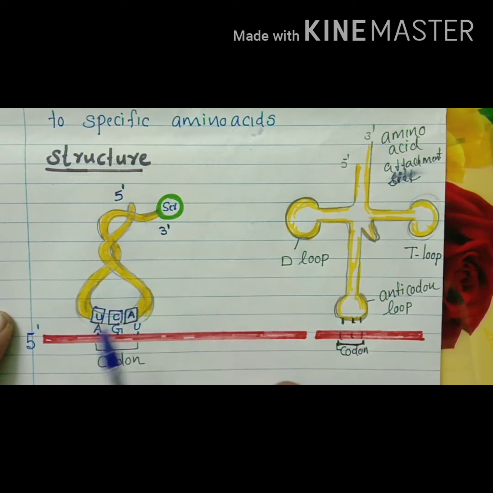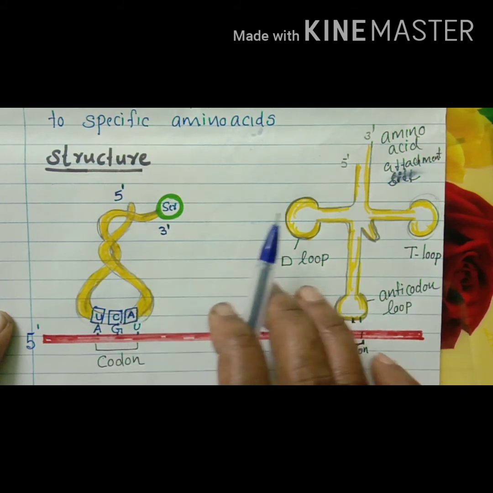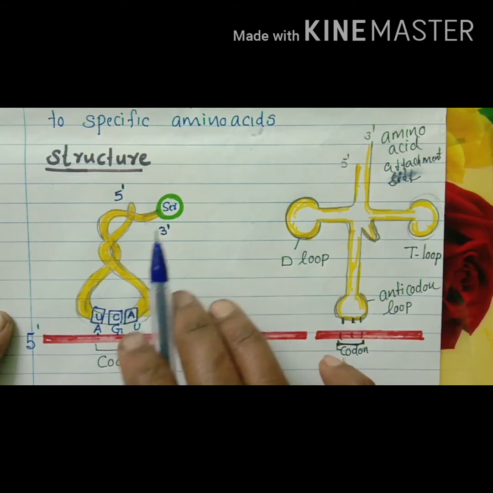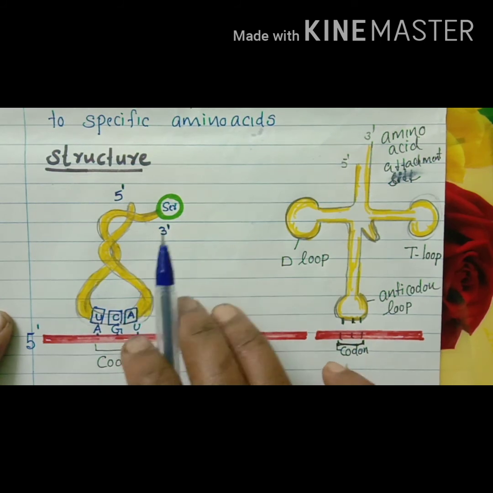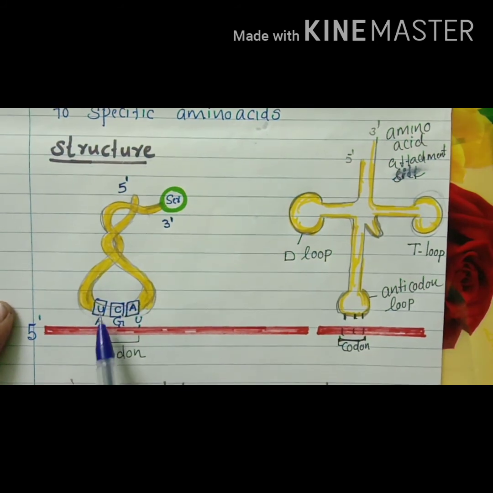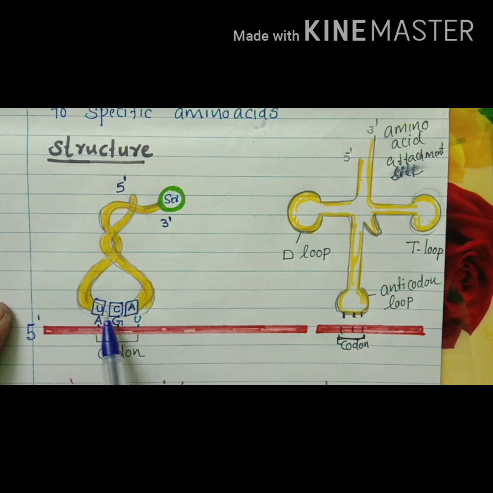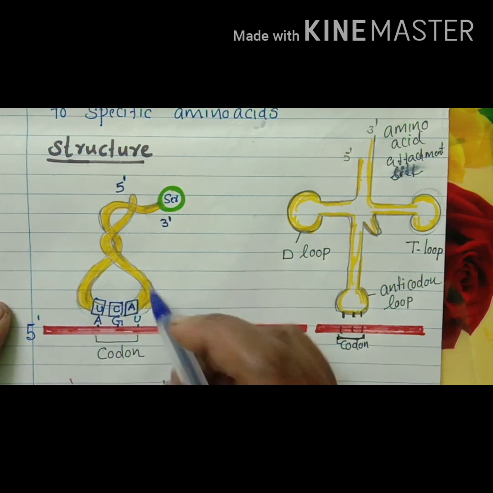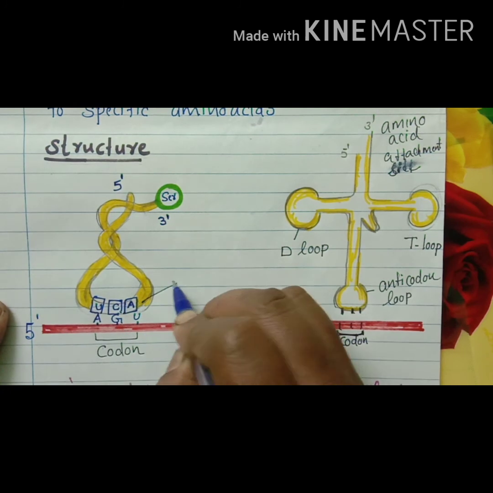It is a single stranded structure but looks like a double stranded one. RNA is single stranded, and tRNA is also a single stranded structure. And here we can see a site called the anticodon loop. What is the speciality of this anticodon loop?